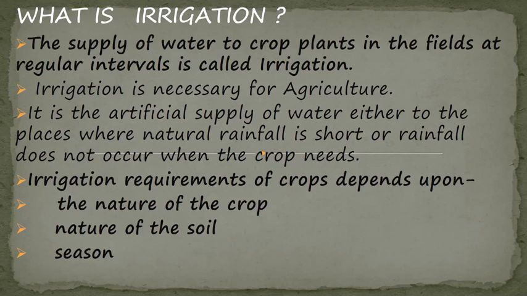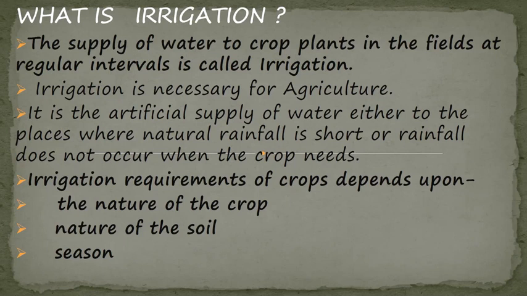Irrigation requirement of a crop depends upon the nature of the crop. Different crops need different amounts of water at different stages of growth. Some of the crops require more water, like paddy requires standing water, whereas others require less water.